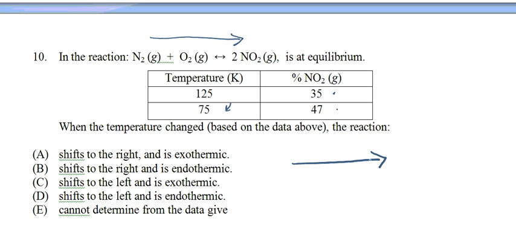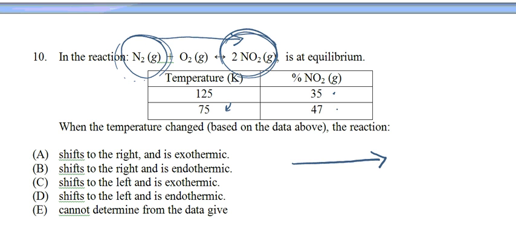When the temperature is decreased, now you have to ask yourself: we have to treat energy just like a reactant or a product. According to Le Chatelier, if I add more nitrogen to a system at equilibrium, what should the reaction do? That's right, it should shift away from the addition. If I add more NO2, it should shift away from the addition.